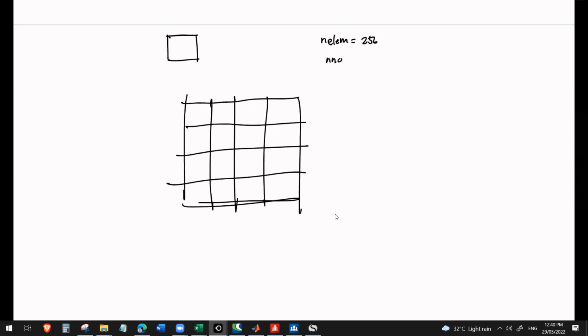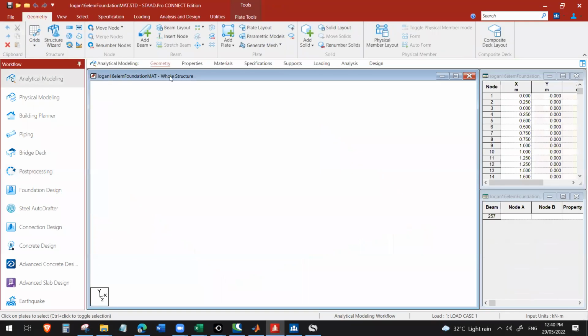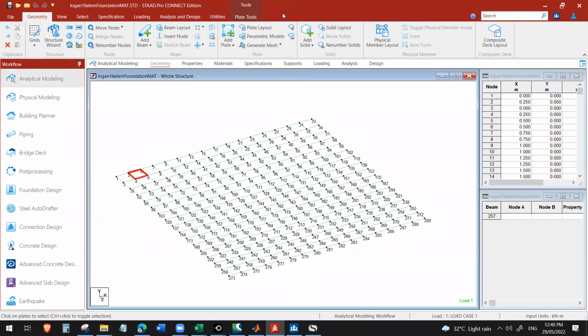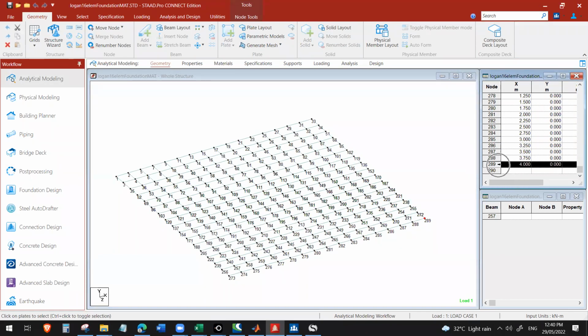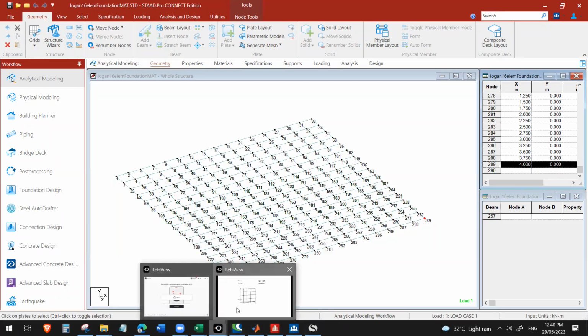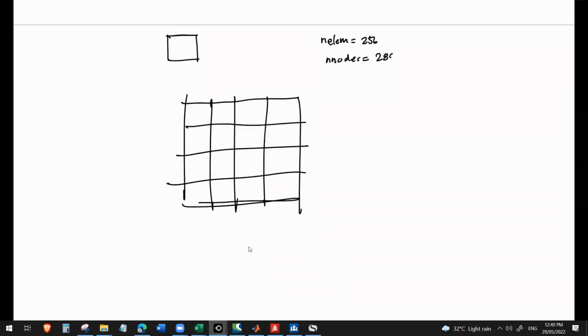And the number of nodes is, what was it? I already discussed this in the modeling, right? It's 289. So we will be getting a stiffness of 289 times 3, which is 867.